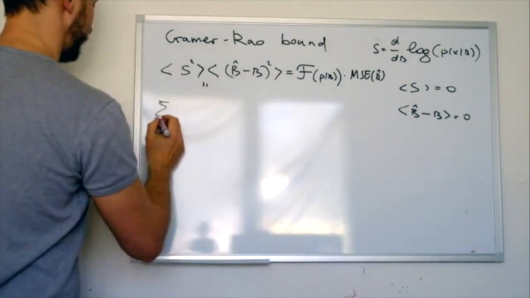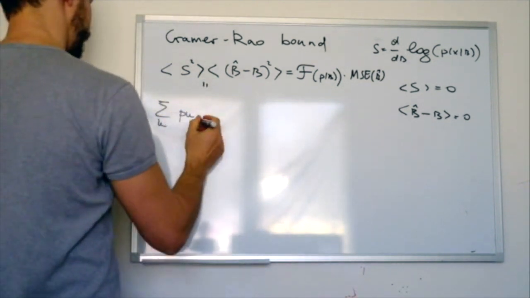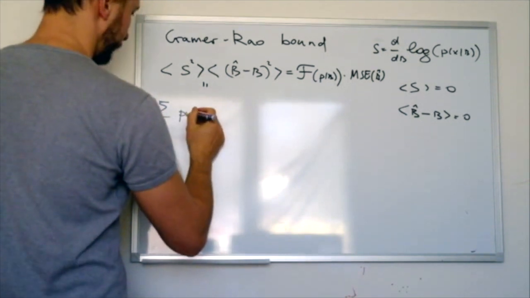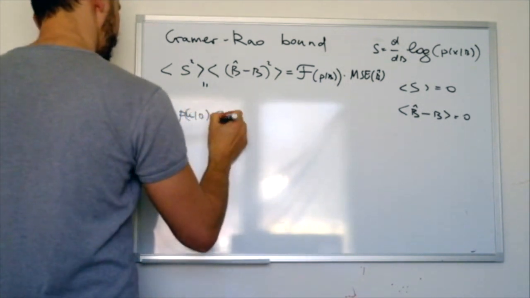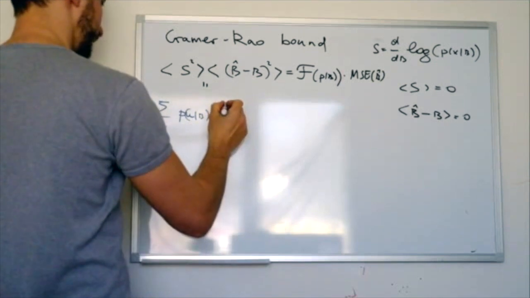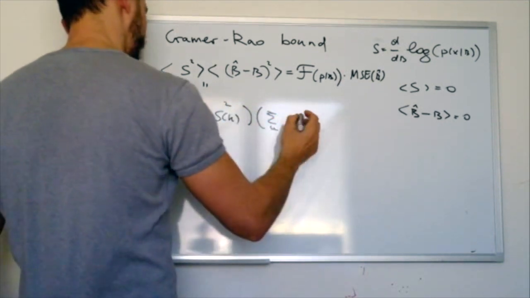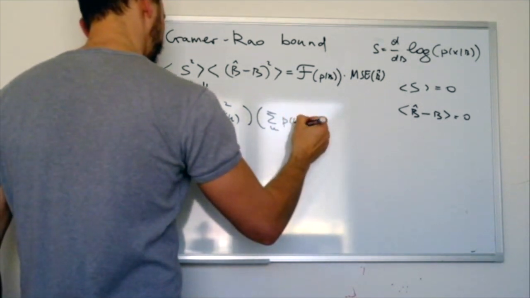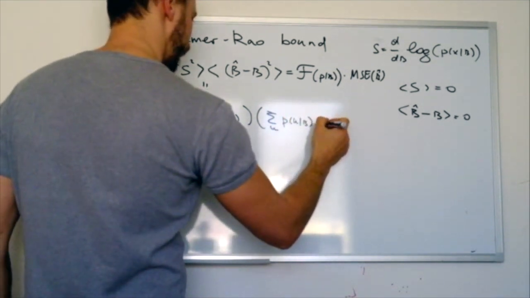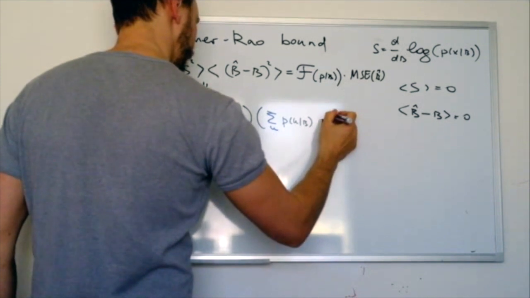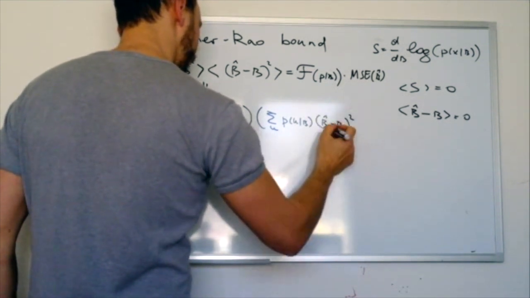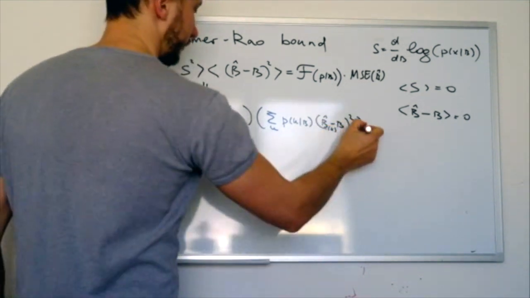There's a sum over k of p_k(b) times s_k squared, times a sum over k of p_k(b) times (b hat_k minus b) squared, of course, right?